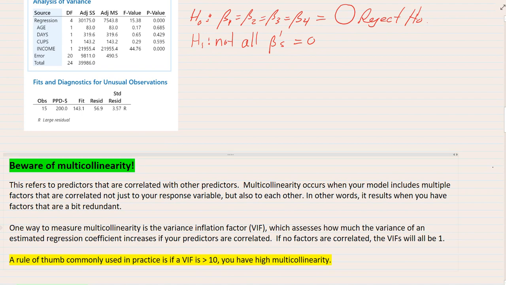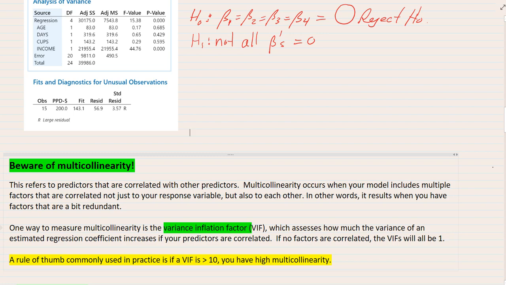One thing that the output gives us, one measure for diagnosing multicollinearity, is VIF, or variance inflation factor. That's what this is, variance inflation factor. With the variance inflation factor, that means how much of the variance is increased if your predictors are correlated.